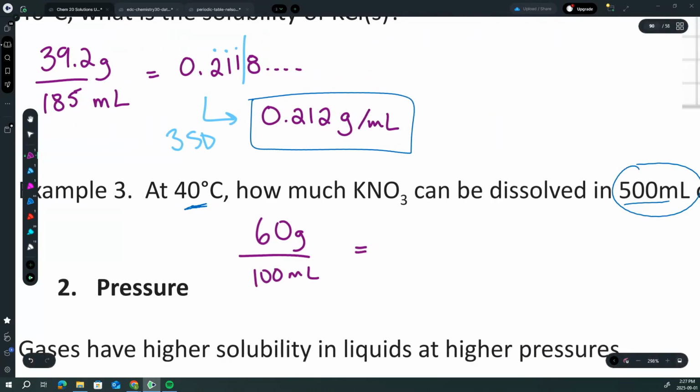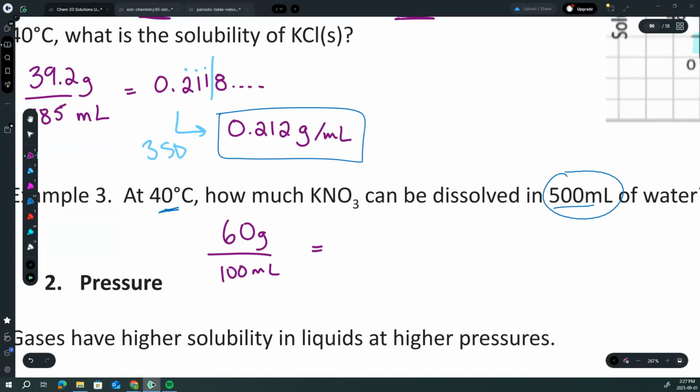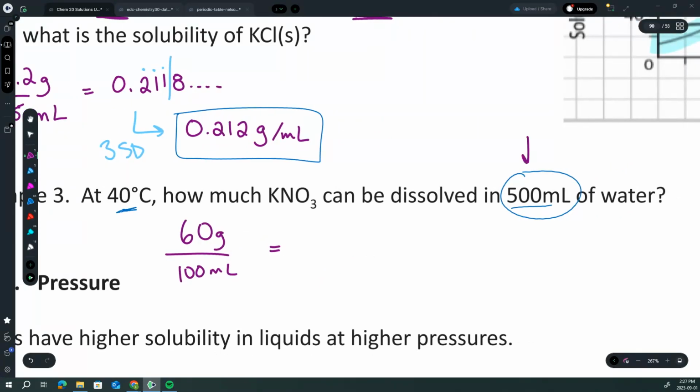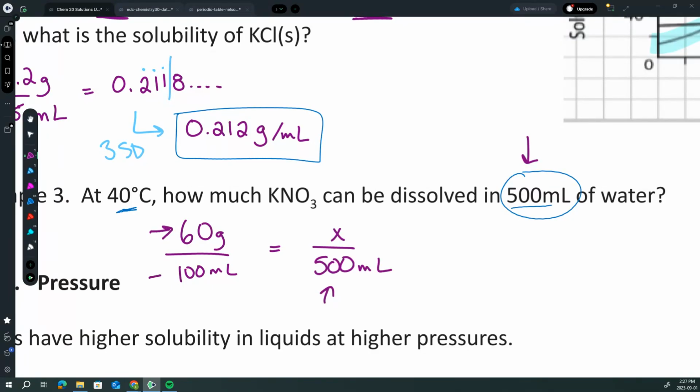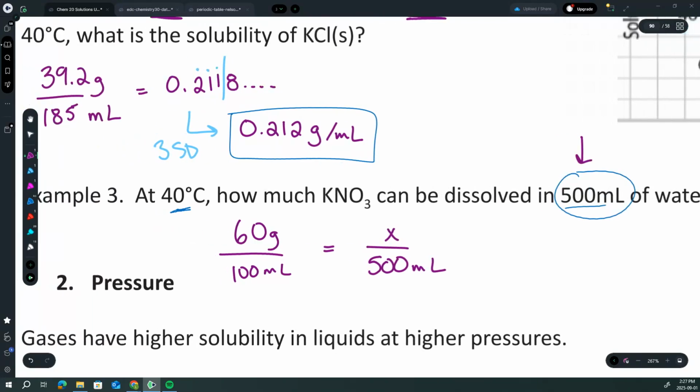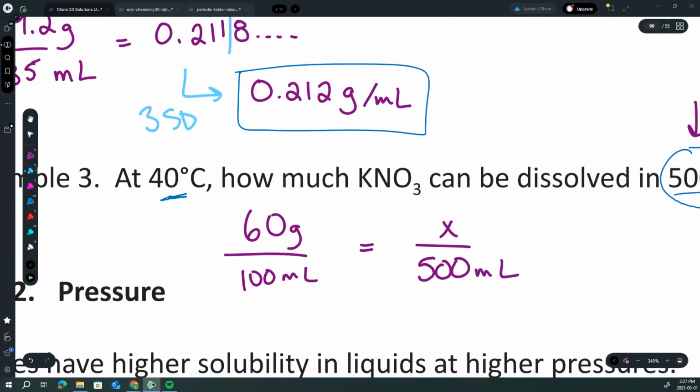And now this is where we set up the proportional reasoning situation because the graph didn't go up to 500 milliliters. So we want to figure out, okay, how much can actually dissolve in 500 milliliters if 60 grams can dissolve in 100 milliliters of water. So isolating the x, notice how 500 milliliters is dividing into the x, so we're going to do the opposite.